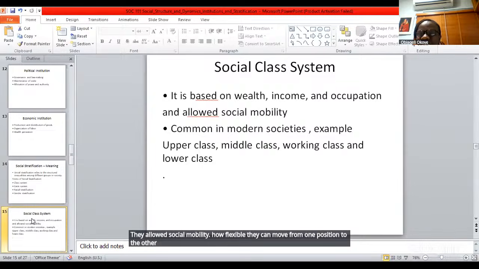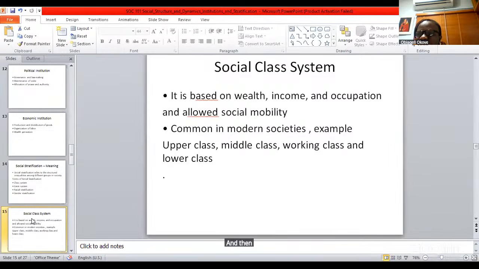That's the class system. And when we talk about occupation, not all occupations possess equal prestige. Some occupations are viewed to be higher or superior than others. Example, medical doctors possess more prestige than gatemen. And on income, people do not have the same income. Income is what people gain.